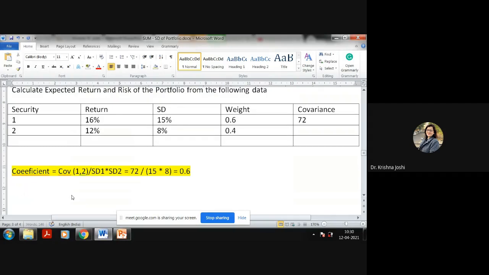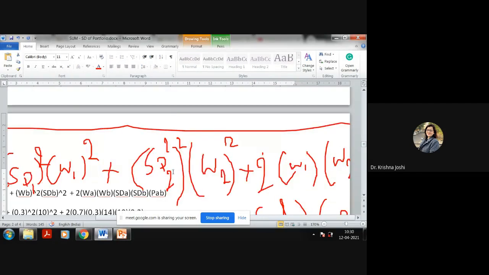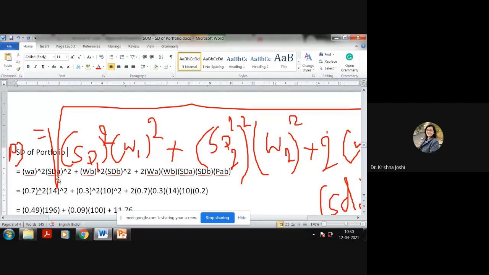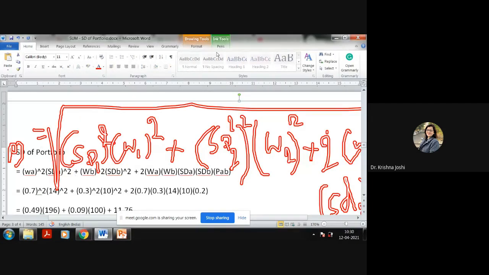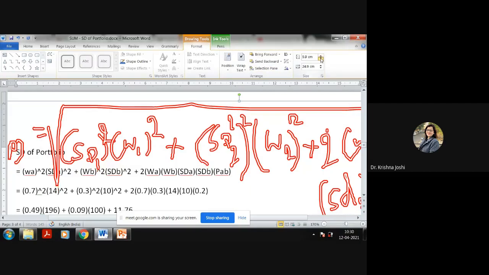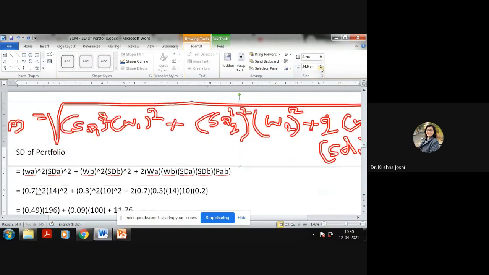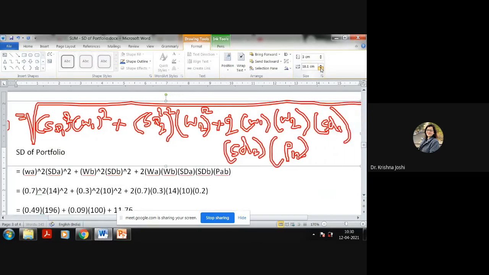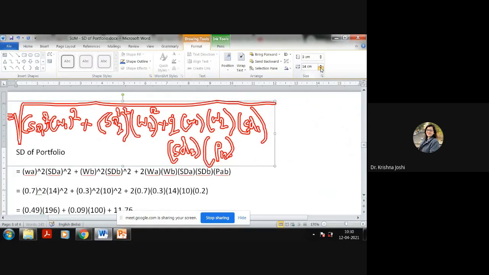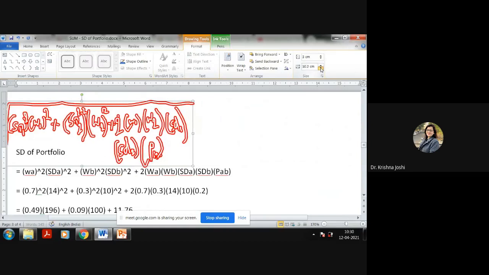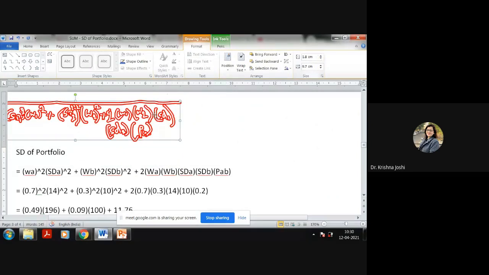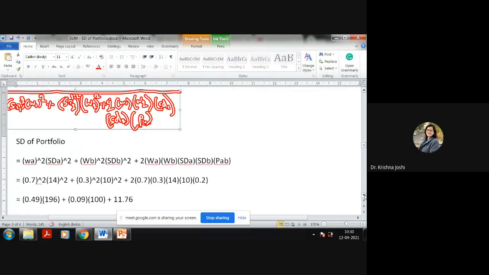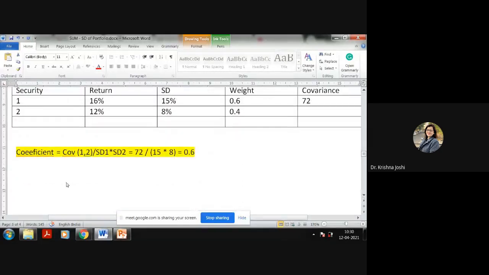So this is the formula, which I am putting here.